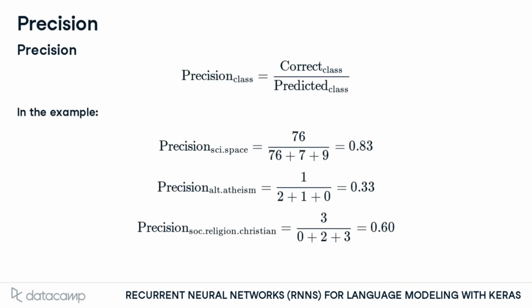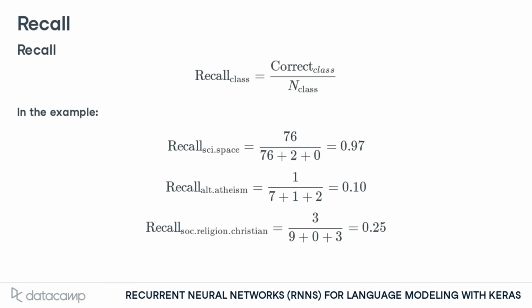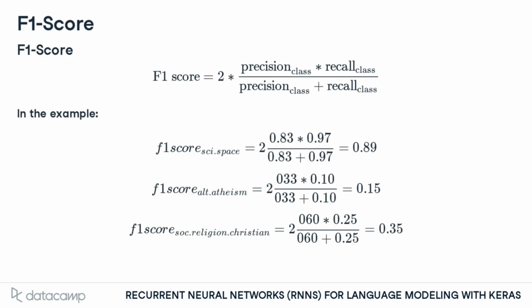One possible metric is the precision. It measures for each class if the model is accurately predicting this class. Another is the recall, which measures if the classes are being correctly classified. F1 score is a weighted harmonic average between precision and recall.